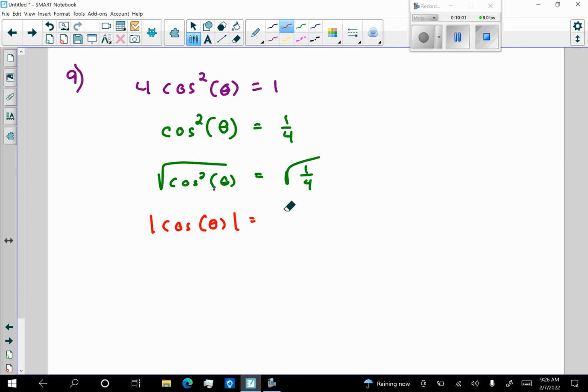The square root of 1/4 is 1/2. Now, since I have this absolute value, that means cosine can be positive or negative. So this equation says that the cosine of theta is equal to 1/2, or the cosine of theta is equal to negative 1/2.